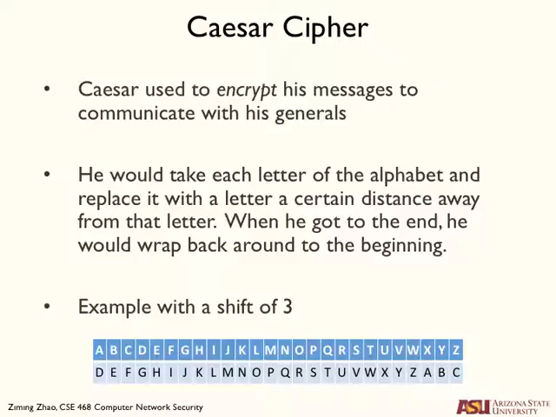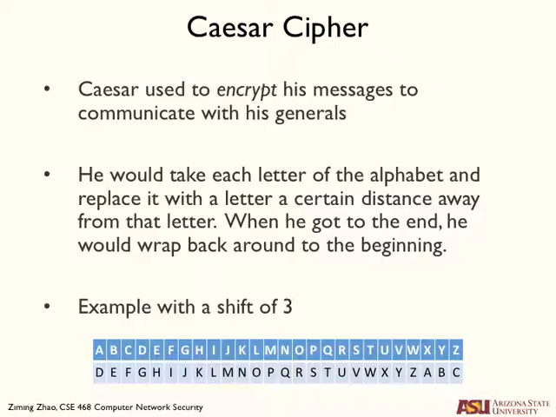So first, let's look at the Caesar cipher. It was said that Caesar used this to encrypt messages to his generals. What he did was take each letter of the alphabet and replace it with a letter a certain distance away from that letter.